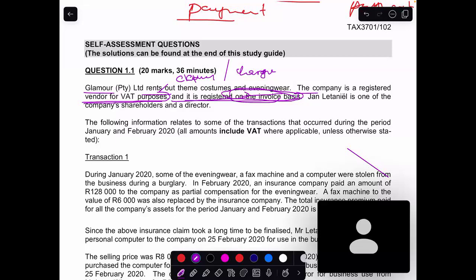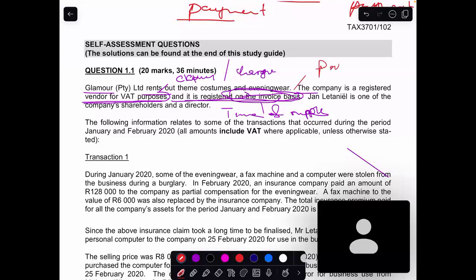It talks to time of supply. An entity can register on invoice basis or payment basis.